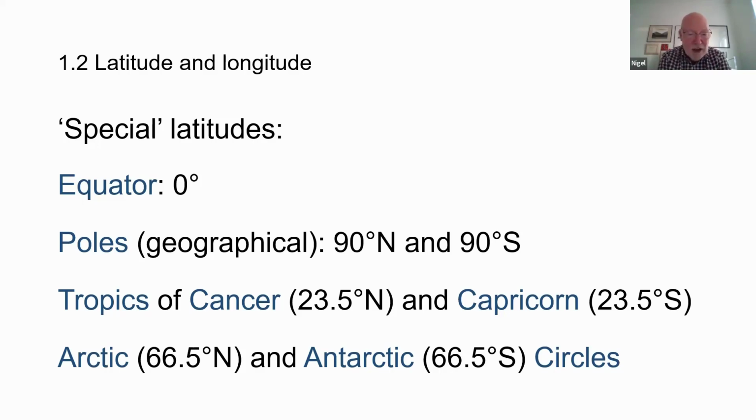So we always put the N or the S in, or write the words out, to show that this is latitude and not something else that we'll deal with for the stars, something called declination. Now, the two further special lines of latitude are the Tropic of Cancer and the Tropic of Capricorn. And I'm sure you've seen these on a map or on a globe.